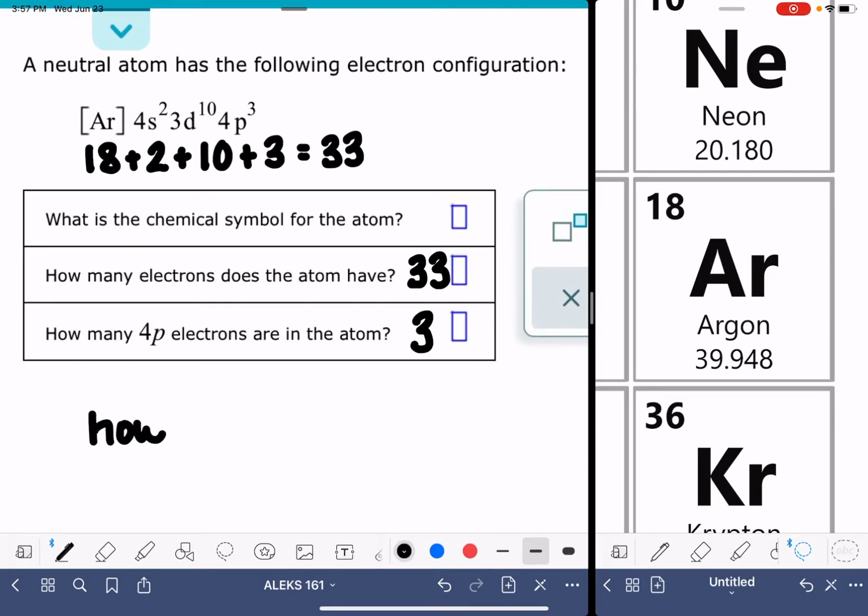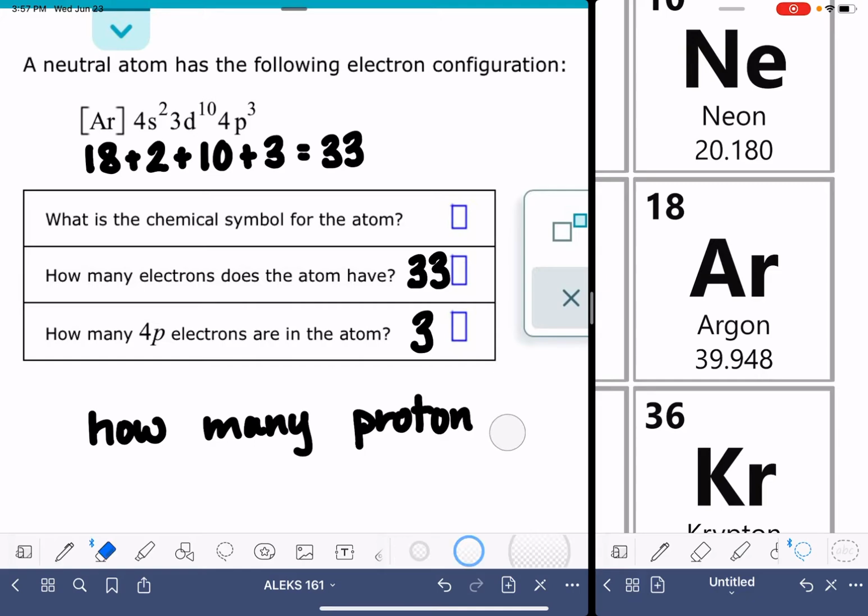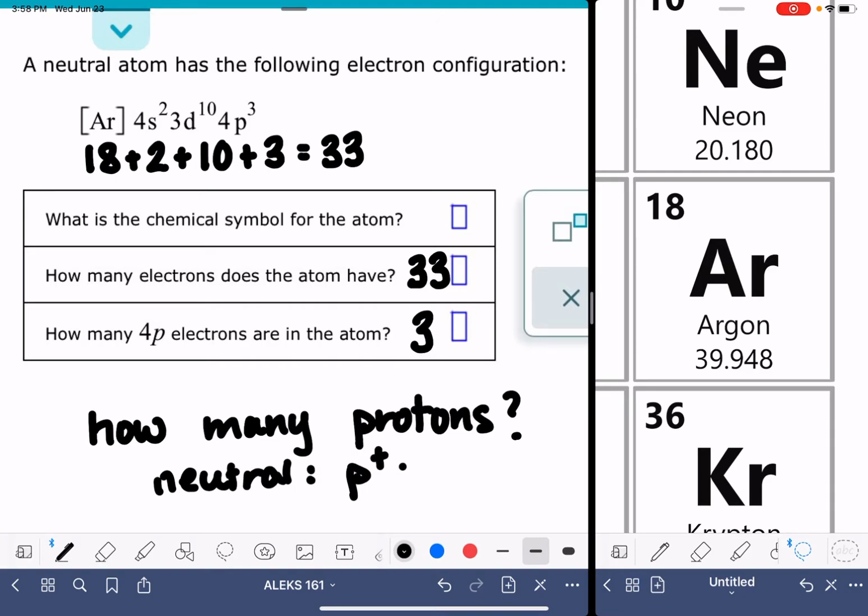We need to figure out how many protons we have in this atom or ion, because the number of protons is what dictates the identity of the atom or the ion. If you have a neutral atom, the number of protons is equal to the number of electrons. So if we are neutral, which in this problem I am, the number of protons is going to be equal to the number of electrons, and for me that means that it's 33.